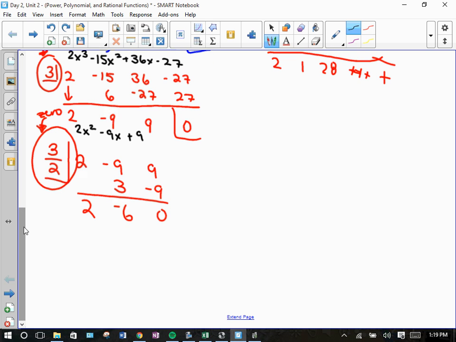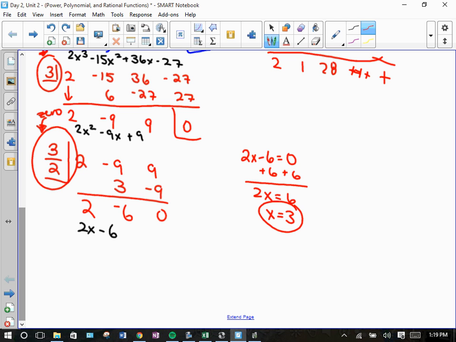And then we found another zero, so it would be 2x minus 6, alright, so you have this factor. Well, 2x minus 6, we set that equal to 0. Add 6 on both sides. 2x equals 6. x equals 3.